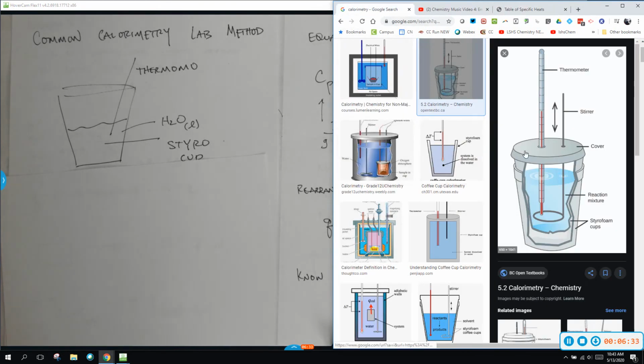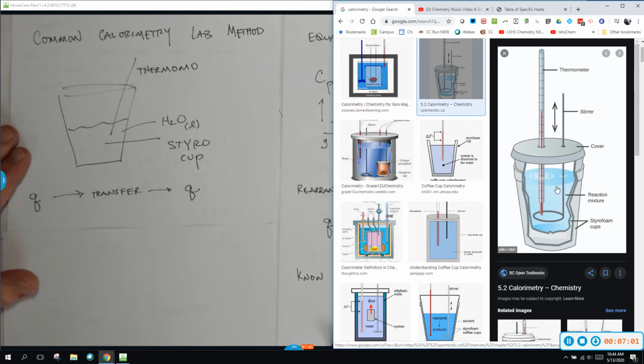You can see a picture on my paper right here, and also on this website, that they'll have some water or a liquid inside. And then there'll be a thermometer to measure the initial and the final temperature. The styrofoam cup, or cups, are usually used because they're good insulators. They don't allow the heat to escape anywhere else except to go into the thermometer. And then there's usually a method of stirring it as well.